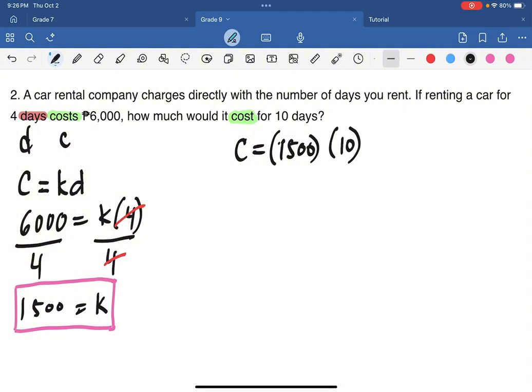All we need to do is multiply. So the value of C is 1,500 times 10, which is 15,000. Okay, so that means it would cost 15,000 pesos for 10 days.